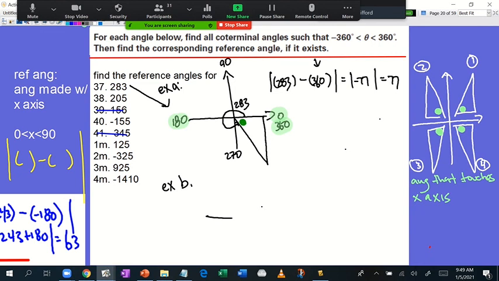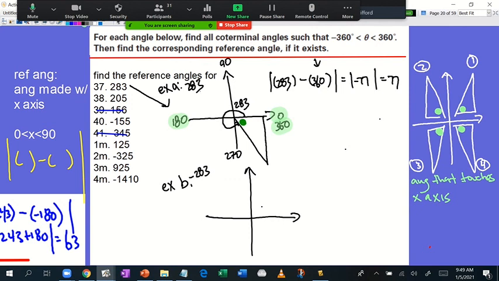Now, let's pretend this was negative 283. Let's say it wants you to find the reference angle for negative 283. Okay, this was 283.